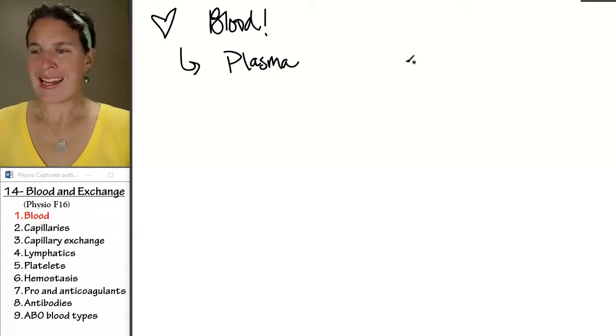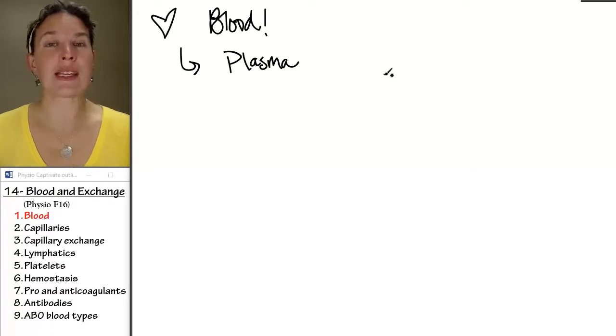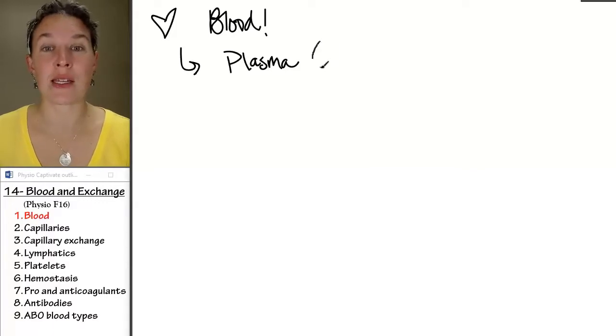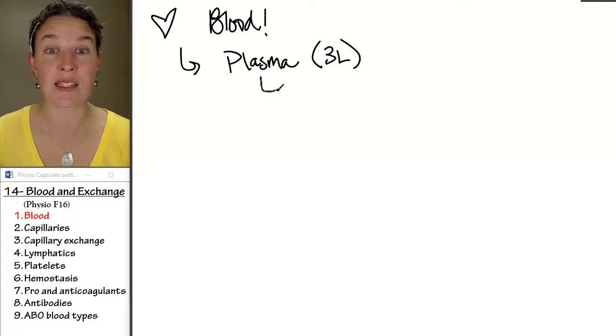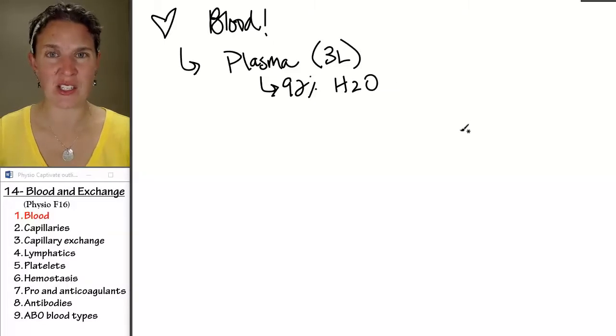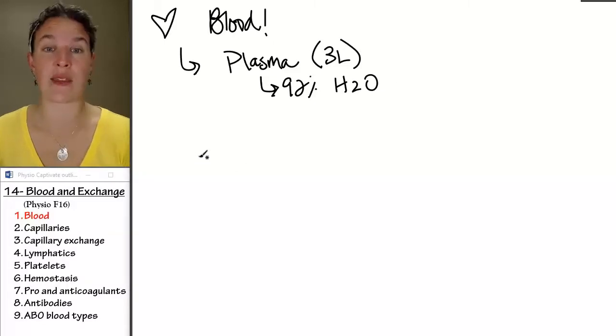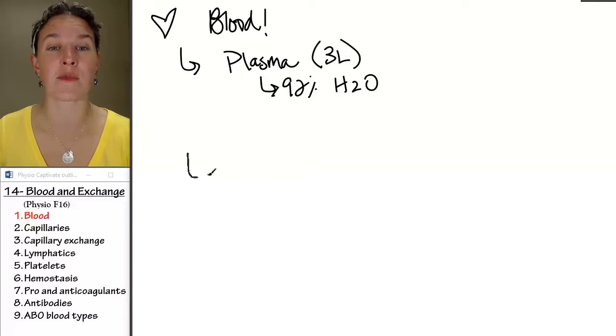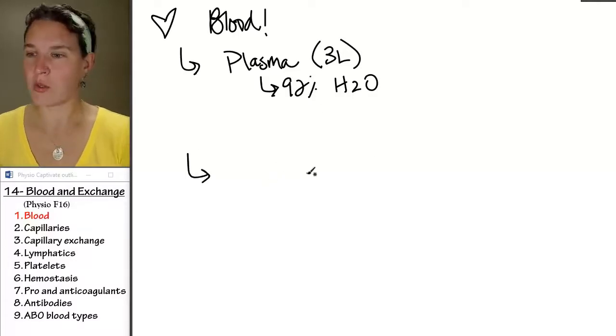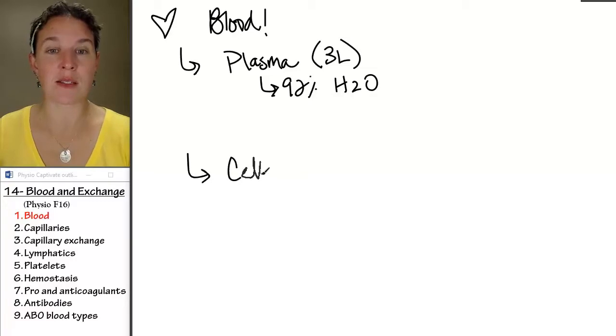What is it? 3 liters of your blood is plasma, and 92% of that is water. So plasma is basically just the fluid that your blood cells float in. The other 2 liters are cells.